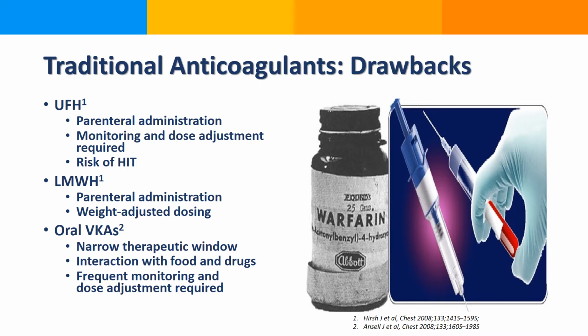Low molecular weight heparin is given by the parenteral route also and is given by a dose adjusted according to weight. Oral vitamin K antagonists have a narrow therapeutic window, interact with food and drugs, and need frequent monitoring and dose adjustment.